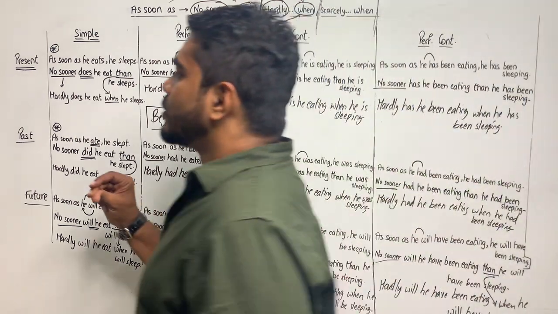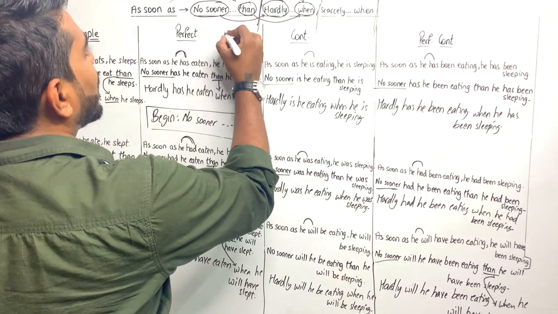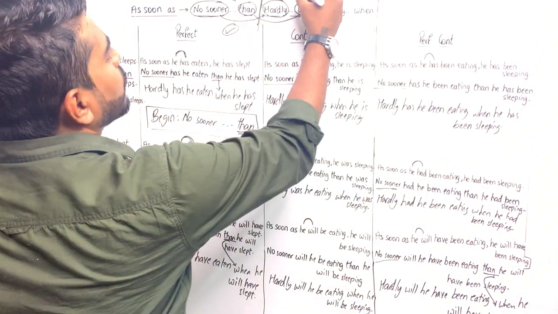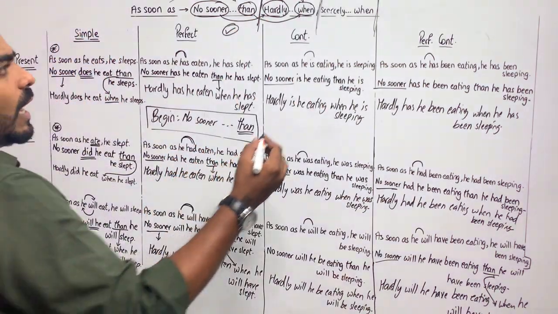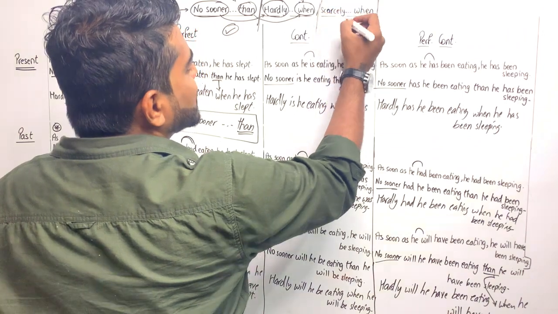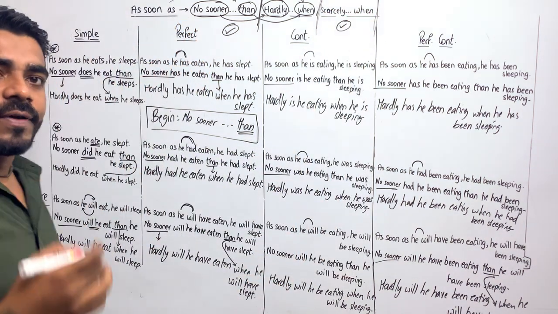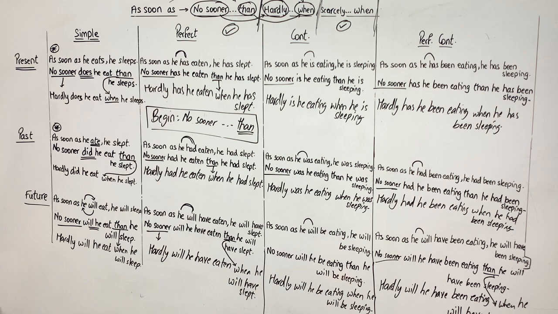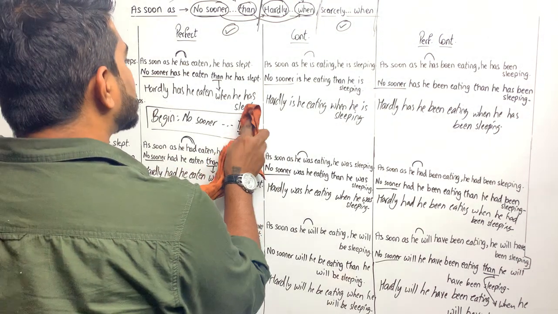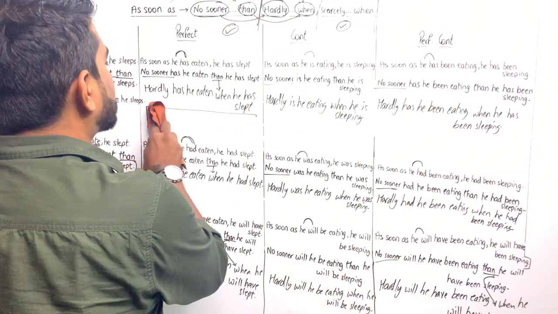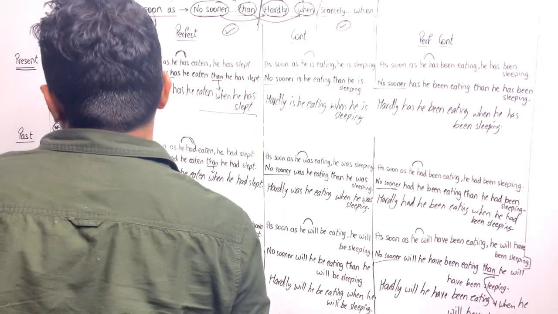Alright, so we are done with how to make use of no sooner than, and how to make use of hardly when. Now we are studying how to use scarcely when. Pay attention, it is almost the same as hardly when.